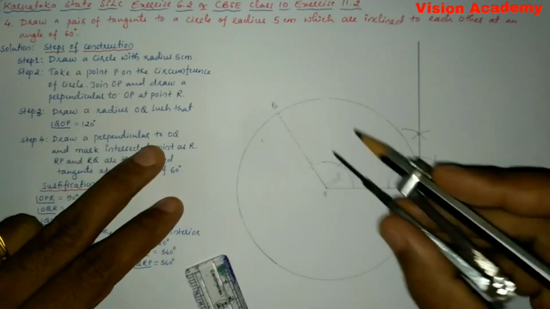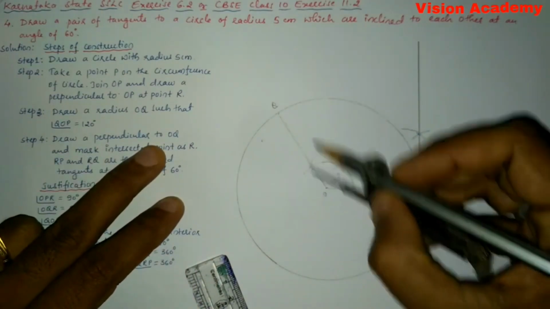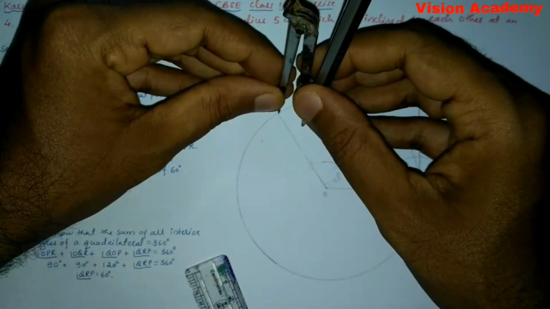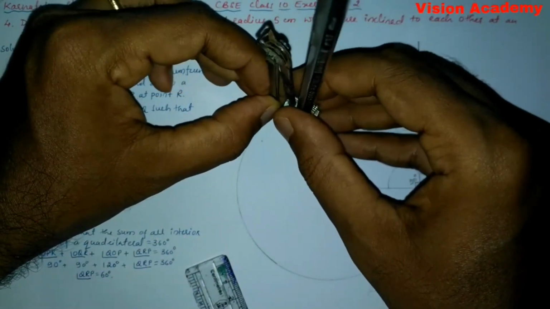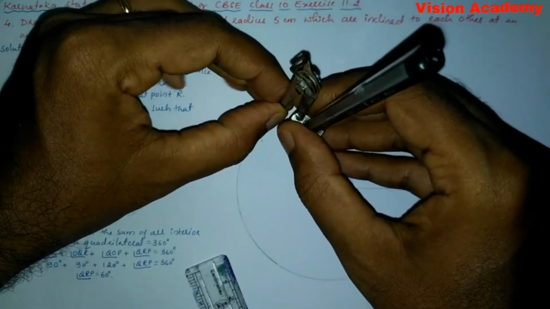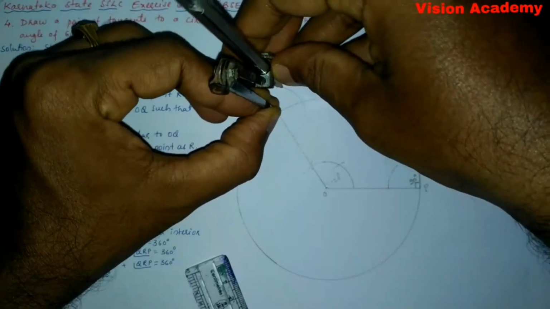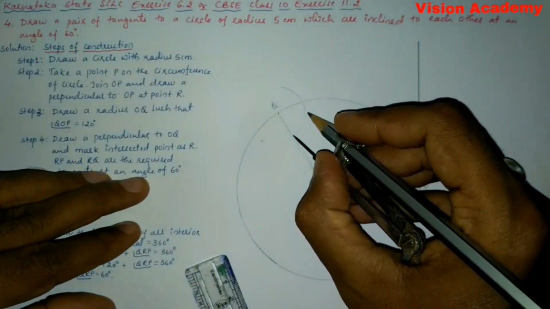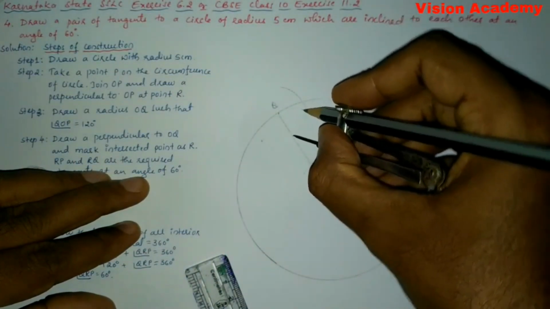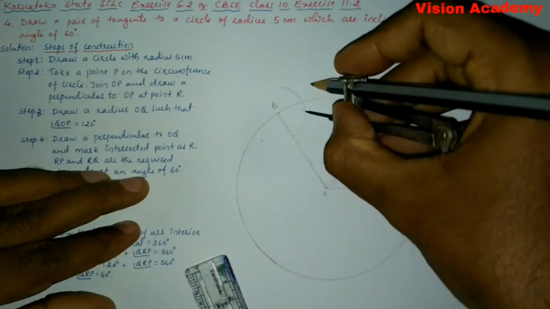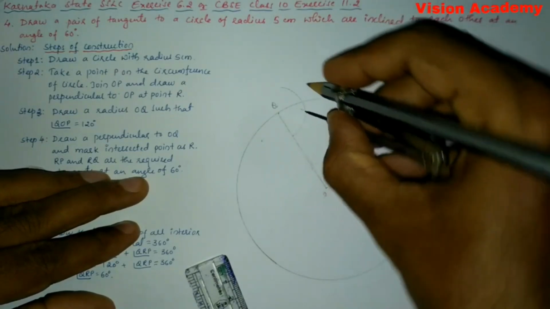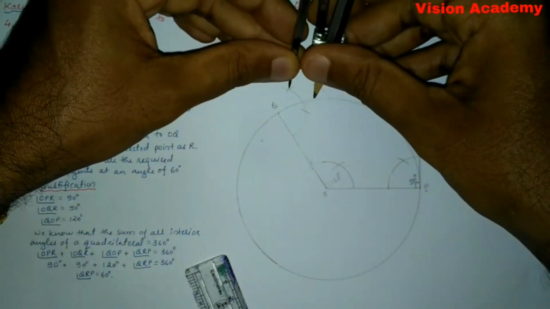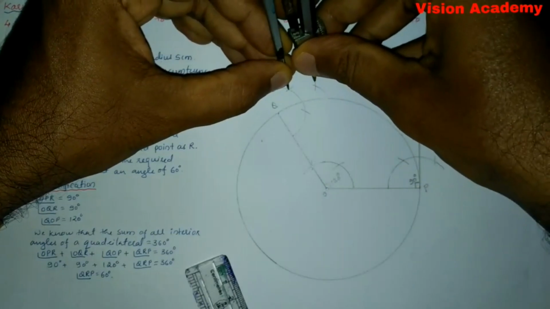Draw a perpendicular to OQ. So for this OQ we are going to draw the perpendicular. In order to draw the perpendicular, keep on point Q. Let us draw an arc keeping on this point, cut here, and keeping on this point, draw another arc and cut this arc. Keeping on this point, let us cut this point.